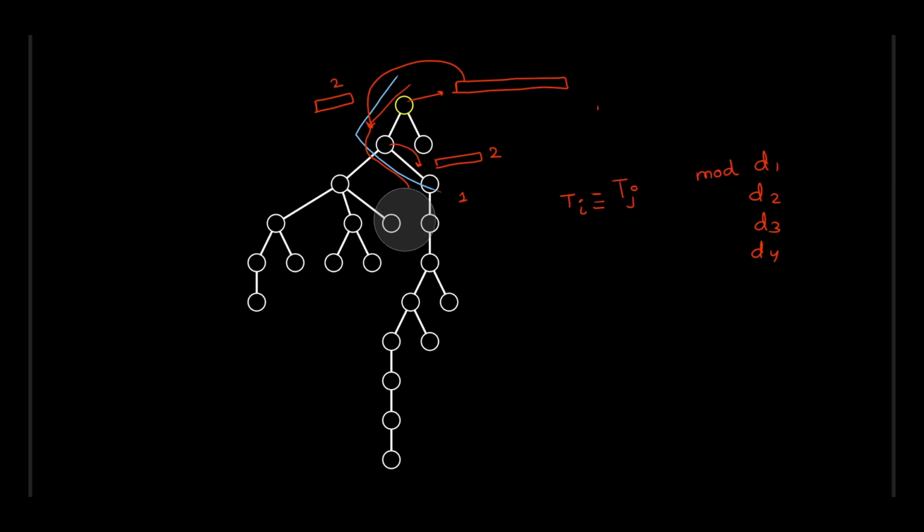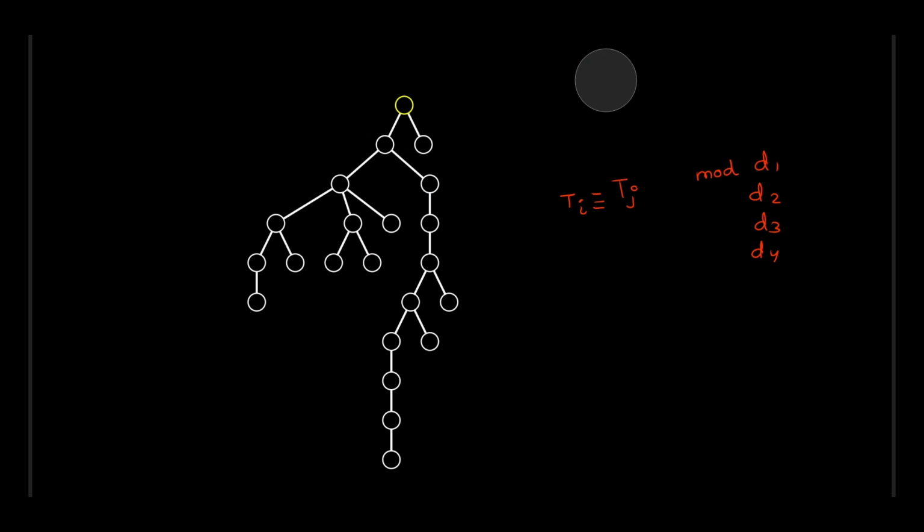So now, instead of remembering all of this information, that Ti and Tj were equal to each other in so many worlds, we can just remember one piece of information, and that is Ti is congruent to Tj in the world of LCM of all the elements that we have seen so far.